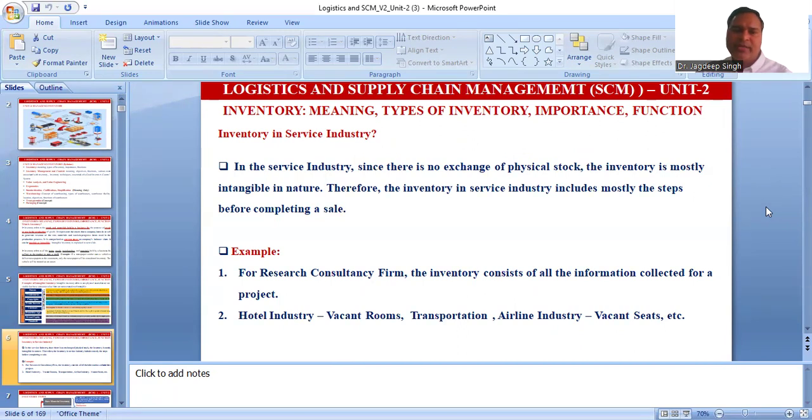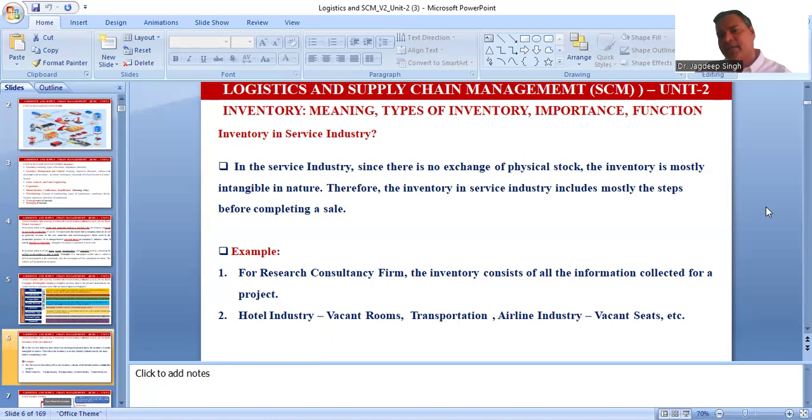Second example you can see here, hotel industry, like vacant rooms. Under the hotel industry example, we can see the vacant rooms, that is called inventory, right? In the transportation industry also, suppose any bus service is there and the seats are vacant, that is also one of the inventory, right?